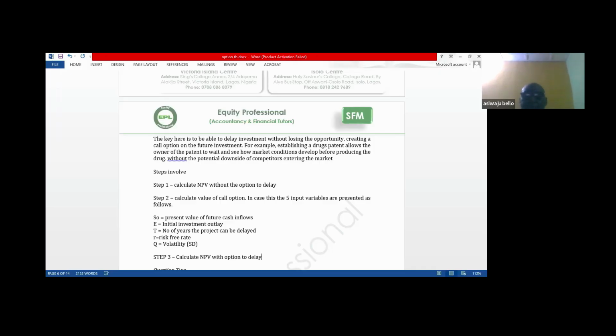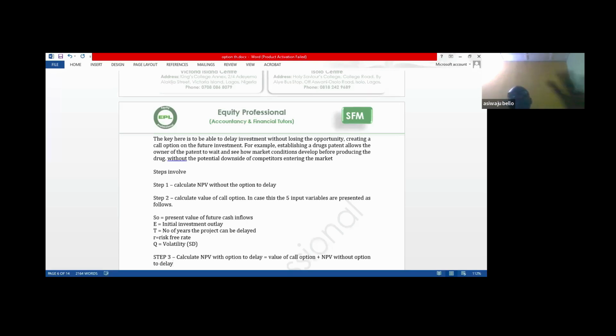With option to delay is equal to the value of call option plus NPV without option to delay.